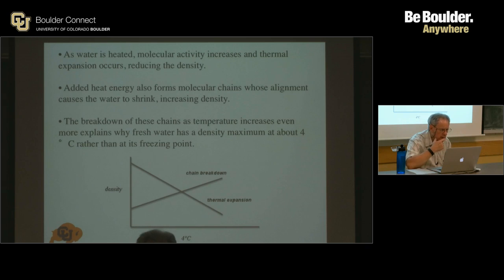Yeah. So the crossing point is right at 4 degrees C. Okay, and that's a maximum density due only to this trade-off between chain breakdown and thermal expansion.